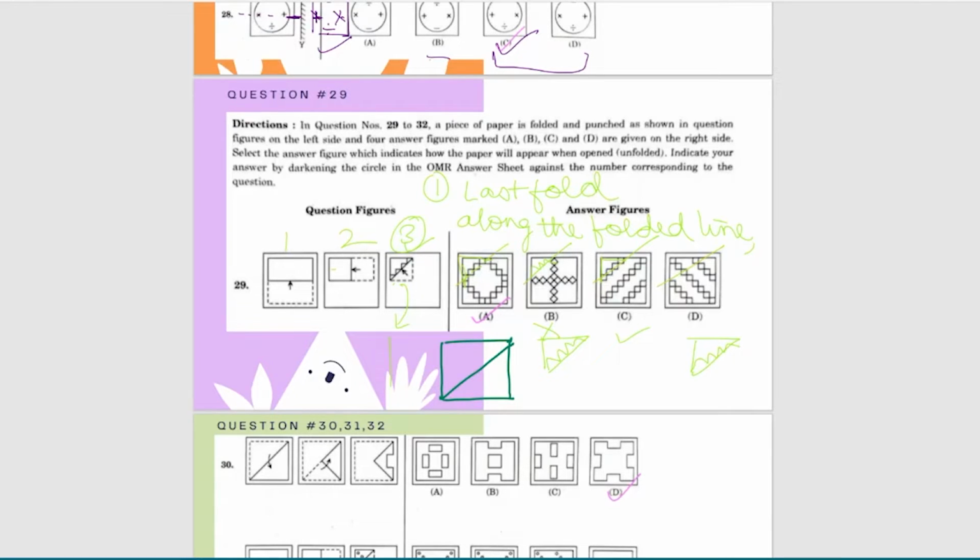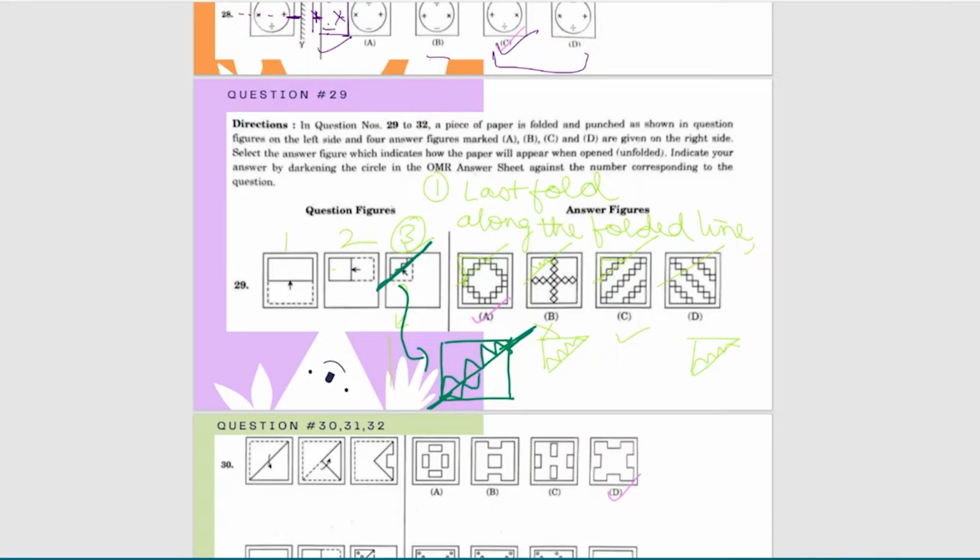So now over here, we can see that we have triangles like this, right? There are only 4 triangles, right? So 1, 2, 3, 4. So now we have to take the mirror image along this line, because we can see here that this is the folding line.